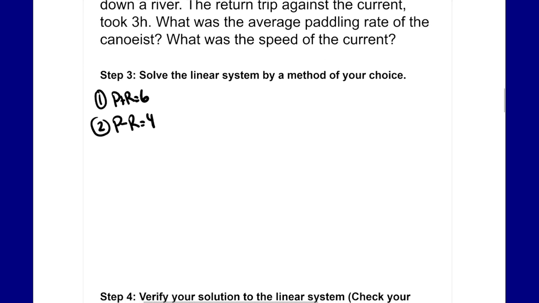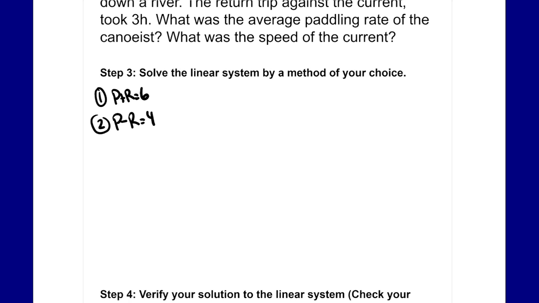With these two equations, we can choose to solve however we want. It doesn't really matter which way we solve, we should get the same answer either way. But it does lend itself nicely to a specific method, and in this case, it lends itself nicely to elimination, because the coefficients in front of the variables are the same.